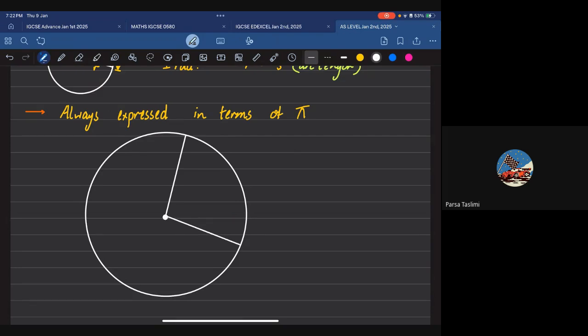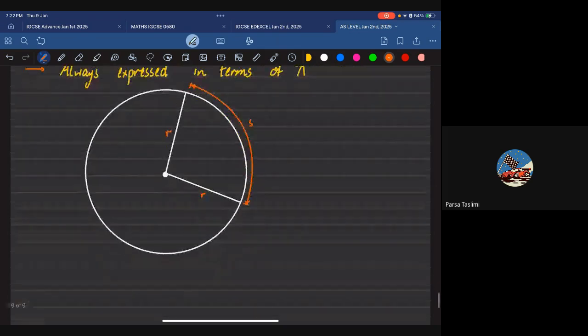We already know this is your radius, and this is your arc length, which is always denoted by a lowercase s.